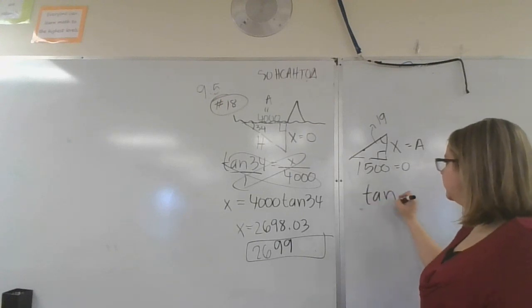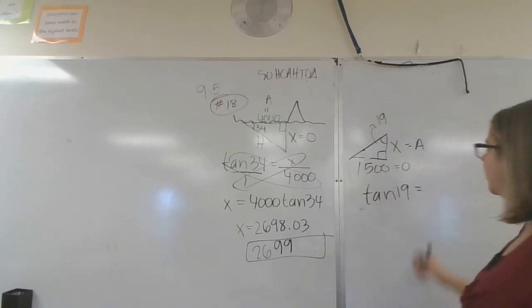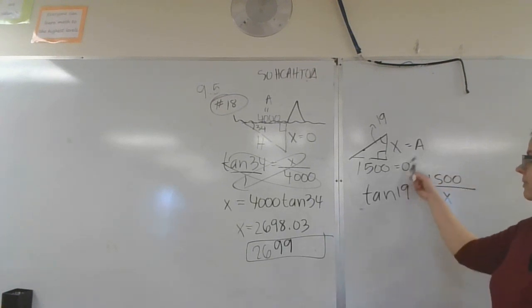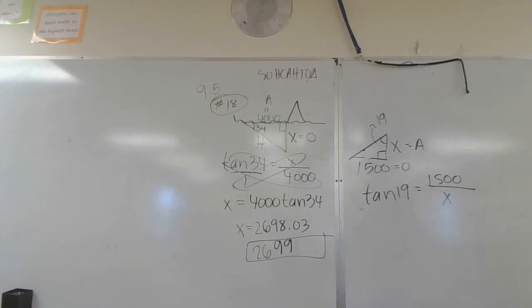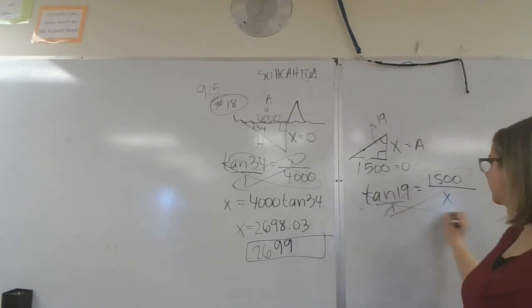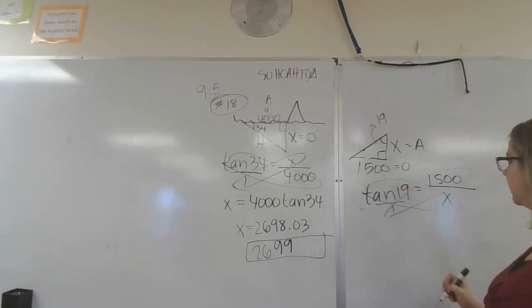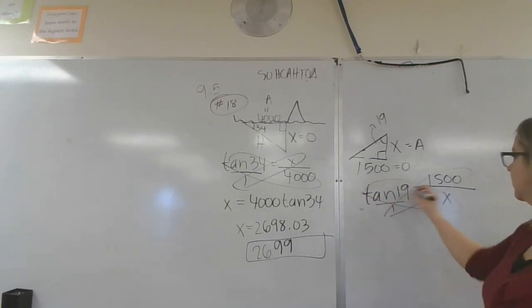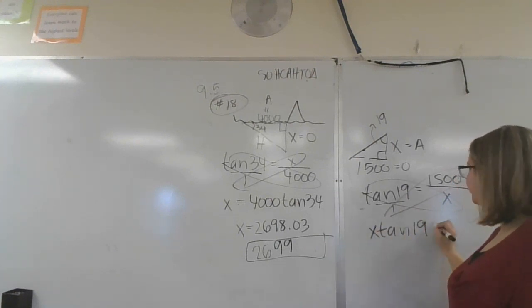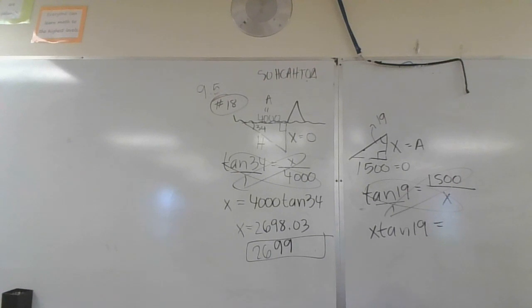What can I use? I can use tangent. So tangent of 19 equals 1500 over x, because that's opposite over adjacent. That's what tangent is. Now I'm going to put this over 1, and I'm going to cross multiply. So tangent of 19 times x is x tangent of 19 equals 1500 times 1 is just 1500.